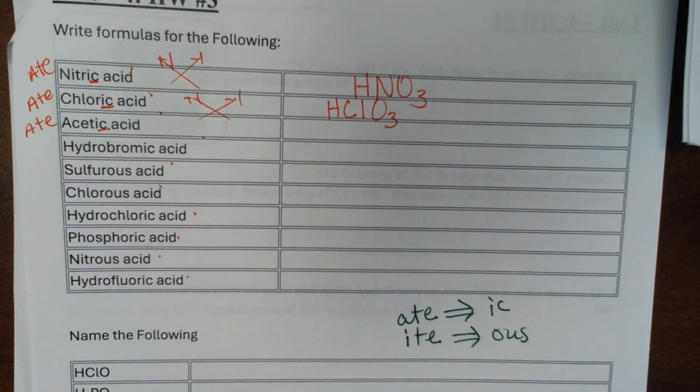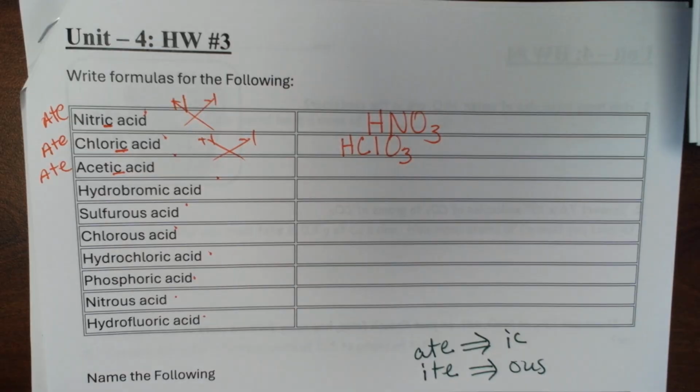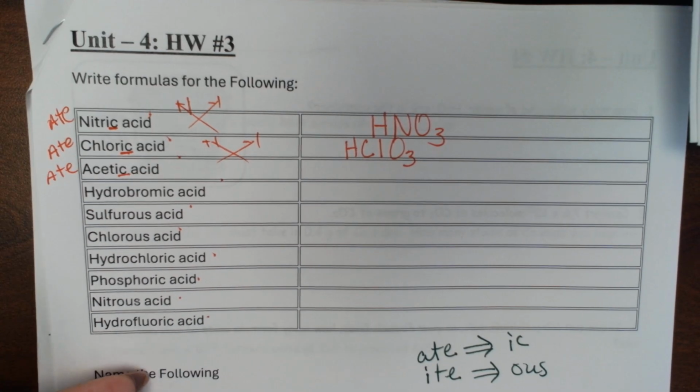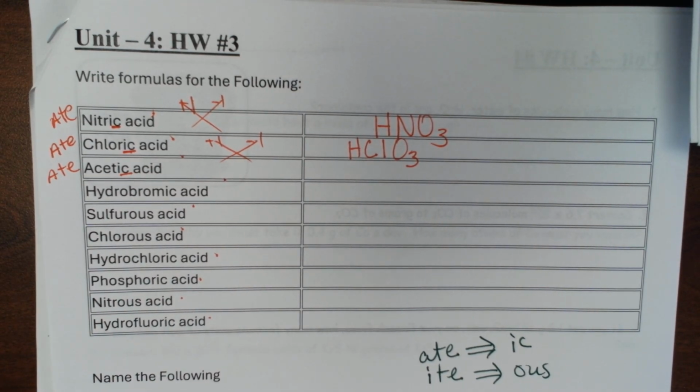So, here we go. In our notes, our homework over here, these are all our actual names, and they wanted us to write the formula for it. To be honest, you can probably go ahead and just write an H for all of them, because they're all going to be an acid.